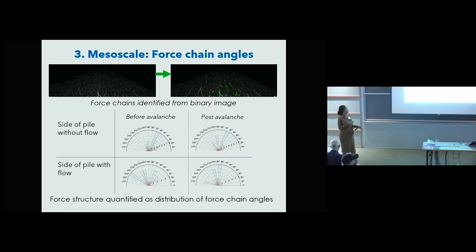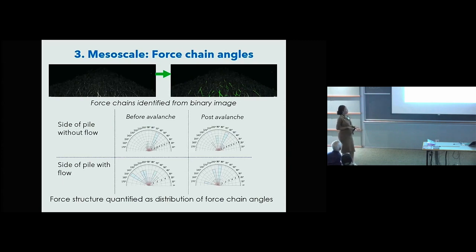And then we look at those force chain segments for any interesting details that may arise leading up to a flow event. Our goal is to connect behavior at the intermediate scale with our force chain segments to creeping behavior in our system. So we've done some initial measurements with this, looking at the force chain geometry.